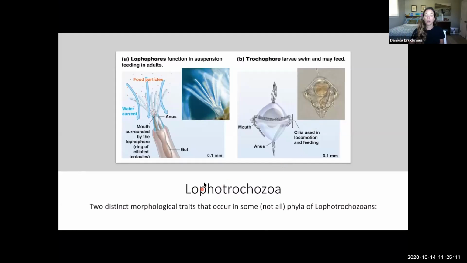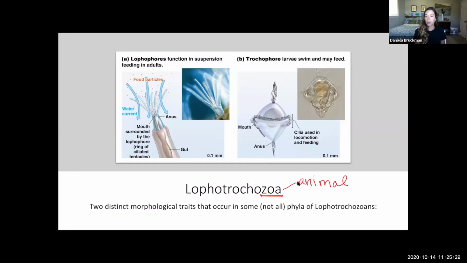Okay, so if we look at the word Lophotrochozoa, right off the bat we can see zoa. Always remember that that means animal. Zoo, like the zoo, right? You go to the zoo to see animals. So zoa is always going to mean animal.